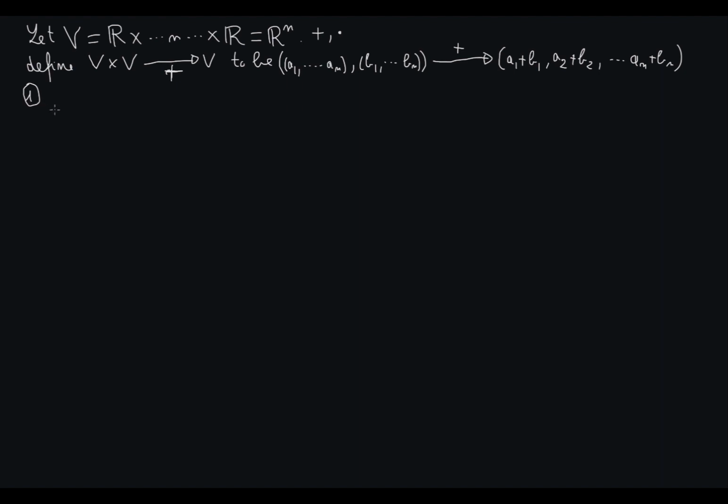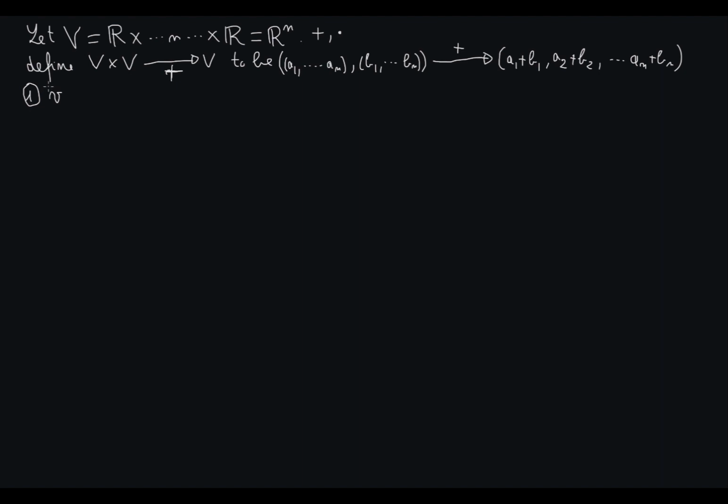The first property, remember, is the associative property. Therefore we are going to pick three vectors in V, W and Z, and we want to check if the triple sum doesn't change if we switch the position of the parentheses.